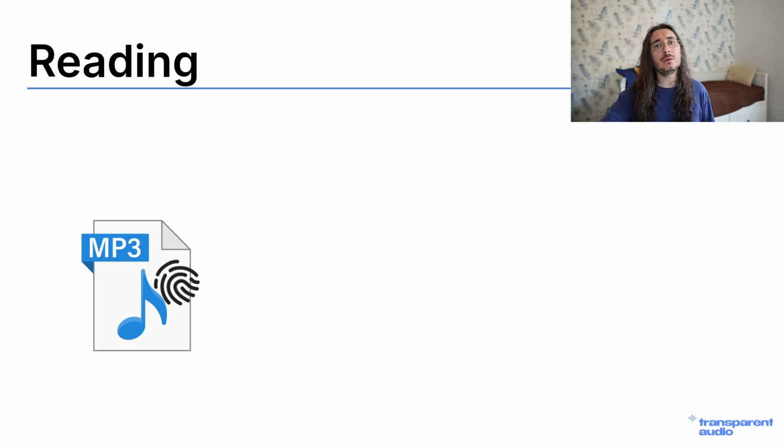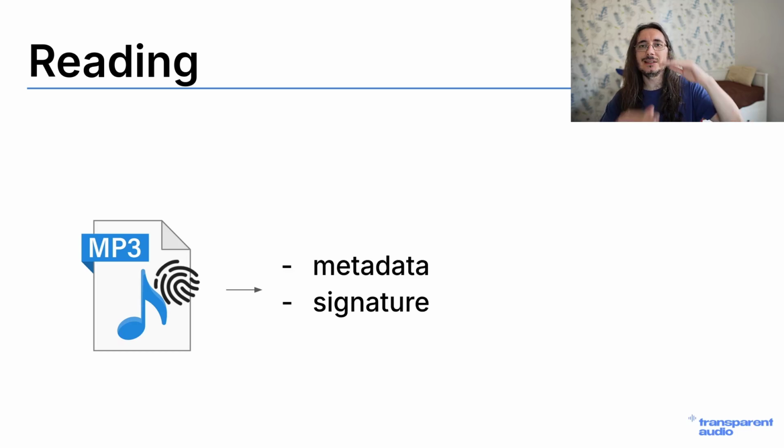Now let's move on to the opposite use case, that is reading. We've written our file, so we have our file with cryptographically signed transparency metadata, and now we need to read the information and check whether it's valid or not. So how do we do that? Well, again, we use TransparentMeta to extract the metadata and the signature.